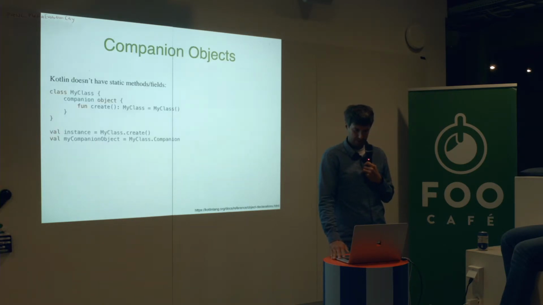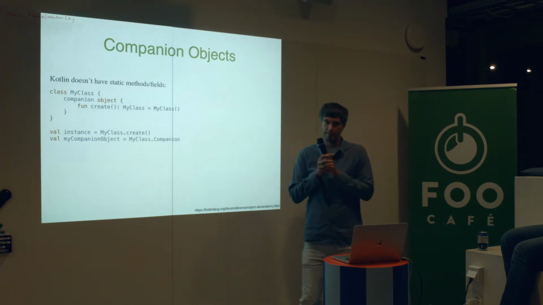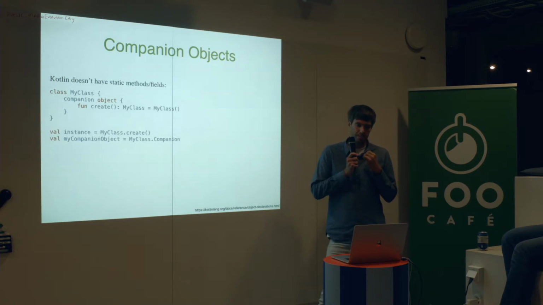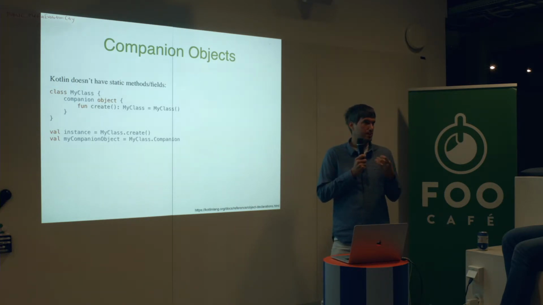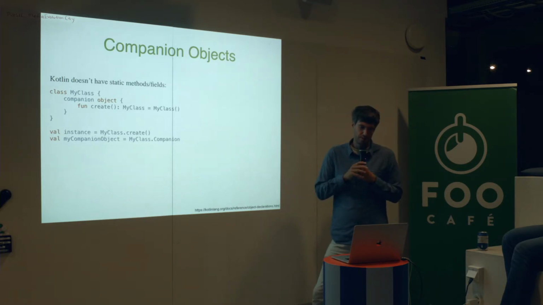Right. So another use of this object keyword is when we come to companion objects, because Kotlin doesn't have static. Static is not a keyword in Kotlin. So instead, Kotlin encourages you to create package-level functions and so on.